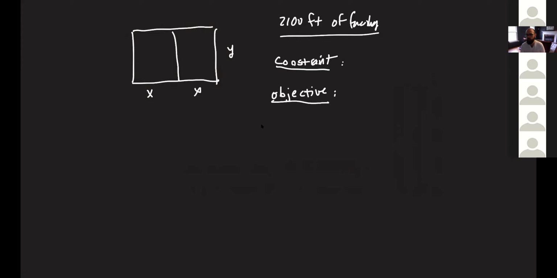What is placing restrictions on us in this particular type of problem? What's our limiting factor? Yeah, fencing. I have 2,100 feet of fencing. So for this constraint, I need to have fencing on all these sides, and all of those side lengths have to add up to 2,100.